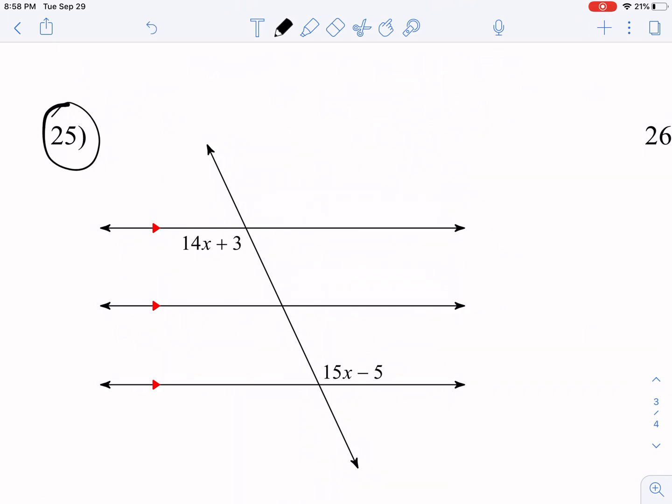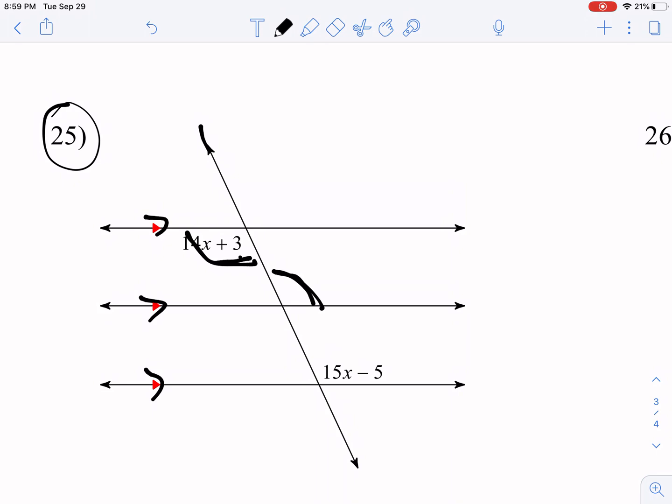Now, in this example, we're given a set of parallel lines cut by this transversal. What they want us to do is find x. So we have to use our knowledge of how the angle pairs work in order to solve for x. Well, notice, aren't this angle here and this angle here alternate interior angles?